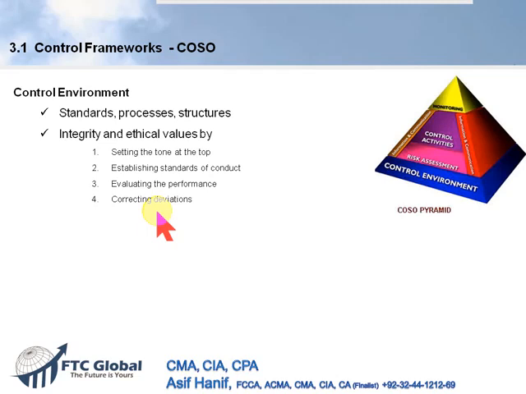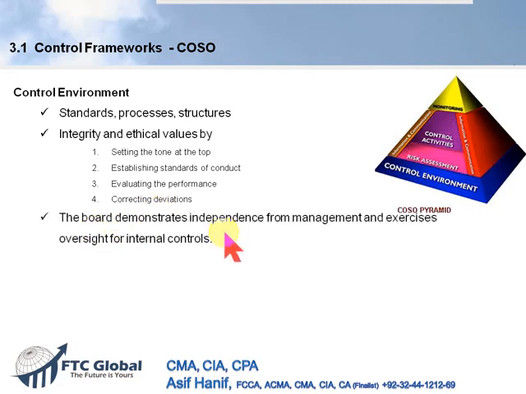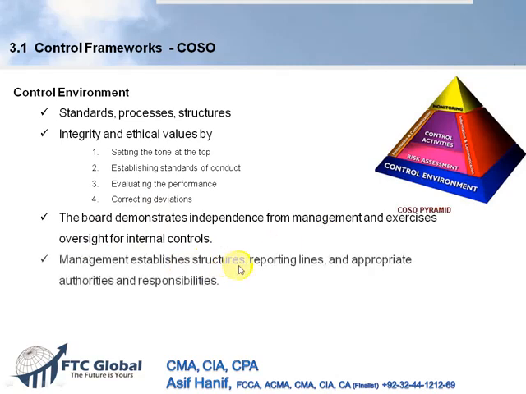So we have to be very clear that the board demonstrates independence from management, because the board has an oversight role. Management is the one who designs and implements these controls. So remember, management establishes the rules, the structures, the reporting lines, the authority and responsibility. This is all.